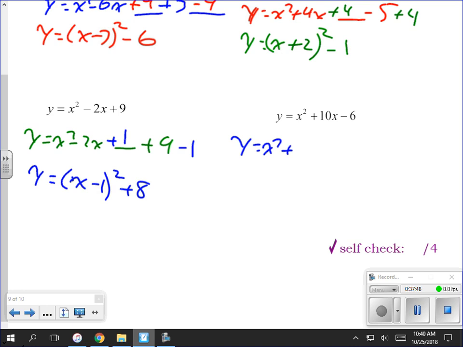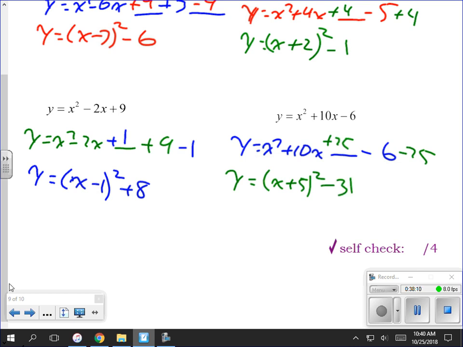Y equals x squared plus 10x blank minus 6. Half of 10 is 5. 5 squared is 25, so I add 25 and I subtract 25. Y equals x plus 5 squared minus 31. Any questions?